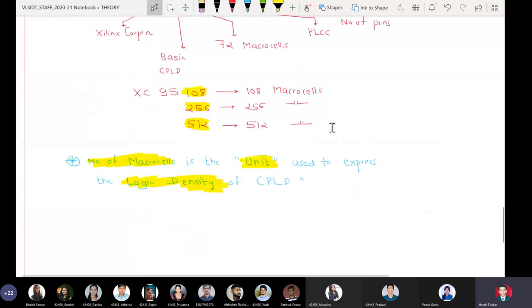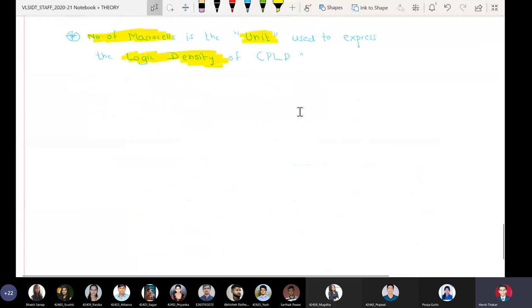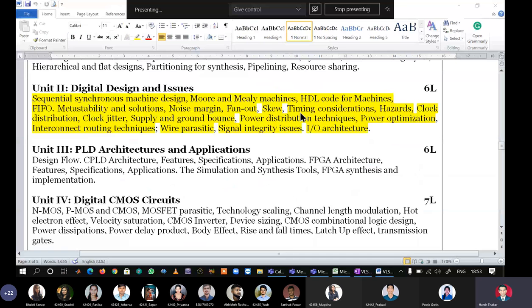So as I said, regarding specifications, I can actually flash some data sheets for you.